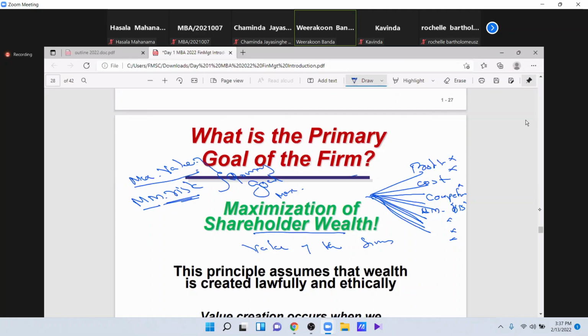But if you go into more detail, if you further study this shareholders' wealth and the value maximization of the firm, further discussions can take place, but at the initial level, we consider these two the same. If you go into details, it has some differences.